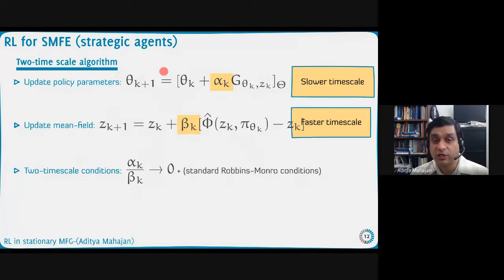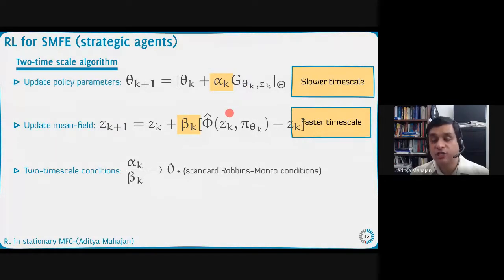The one which is moving at a slower time scale assumes that the ODE, wherever I have Z, corresponds to the stationary point of the faster time scale Z. So if I remember correctly, what I need is this faster time scale ODE to have a unique, globally asymptotically stable stationary point, and the slower time scale ODE to have a locally asymptotically stable stationary point.